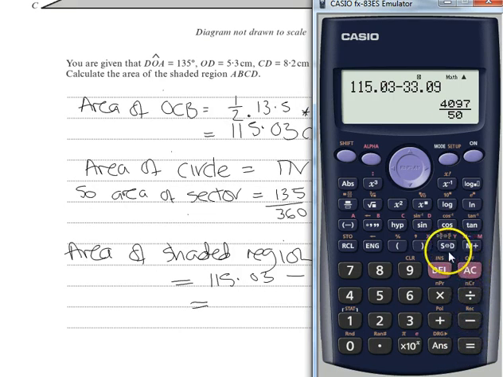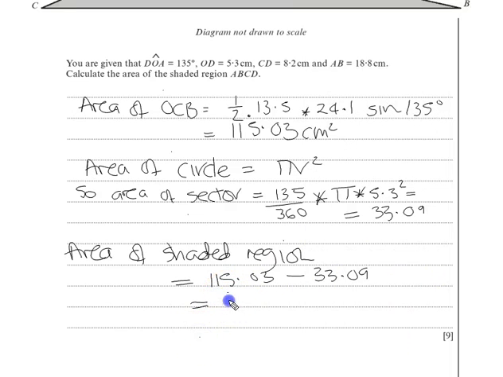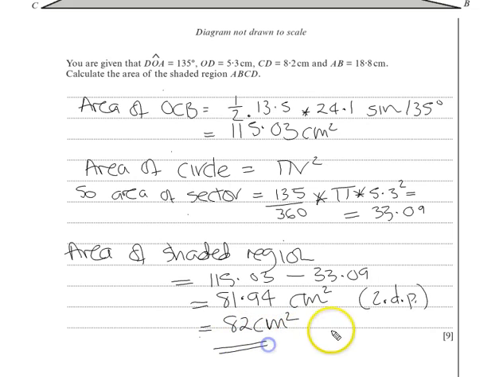Equals 81.94. So let's round that to the nearest centimetre. 81.94 centimetres squared to 2dp, and equals 82 centimetres squared approximately.